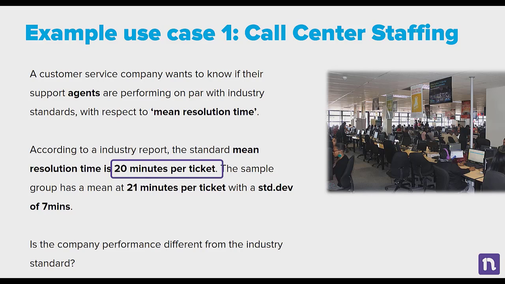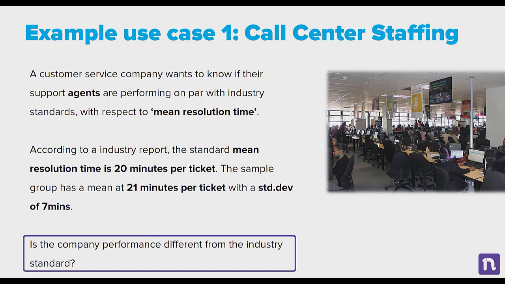Now, this company took a small sample of 30 agents and they measured their mean resolution time to stand at 21 minutes per ticket. And for these 30 agents, the standard deviation of the resolution time was 7 minutes. With this data, can you tell if the company's performance is different from the industry standard or not?